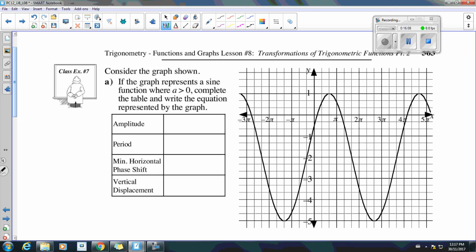Consider the graph shown. If the graph represents a sine function where a is greater than 0, complete the table and write the equation represented by the graph. So now this is a little bit trickier because we do have a vertical displacement and we do have a change in period as well. So we're going to pick out this information. But again, you'll notice it does give me the information that a is going to be positive.